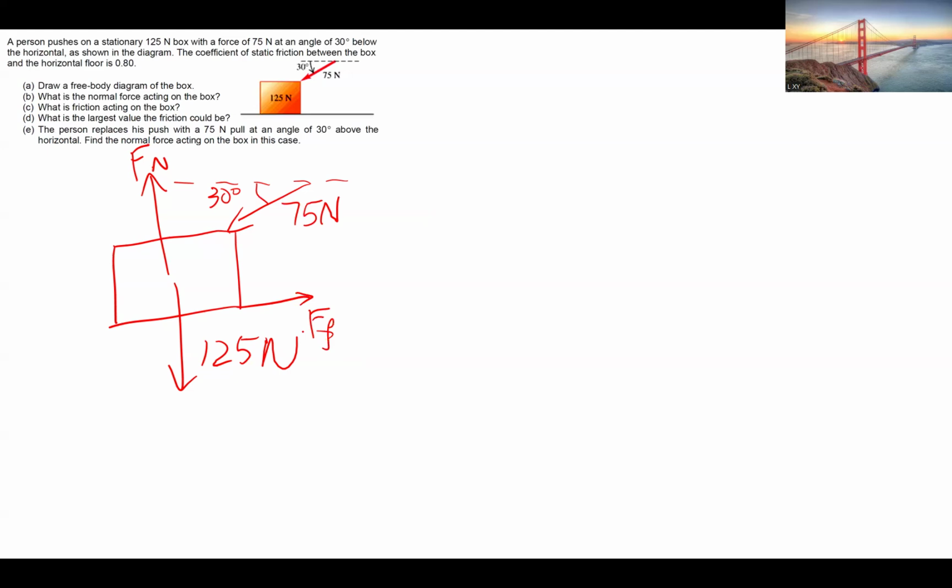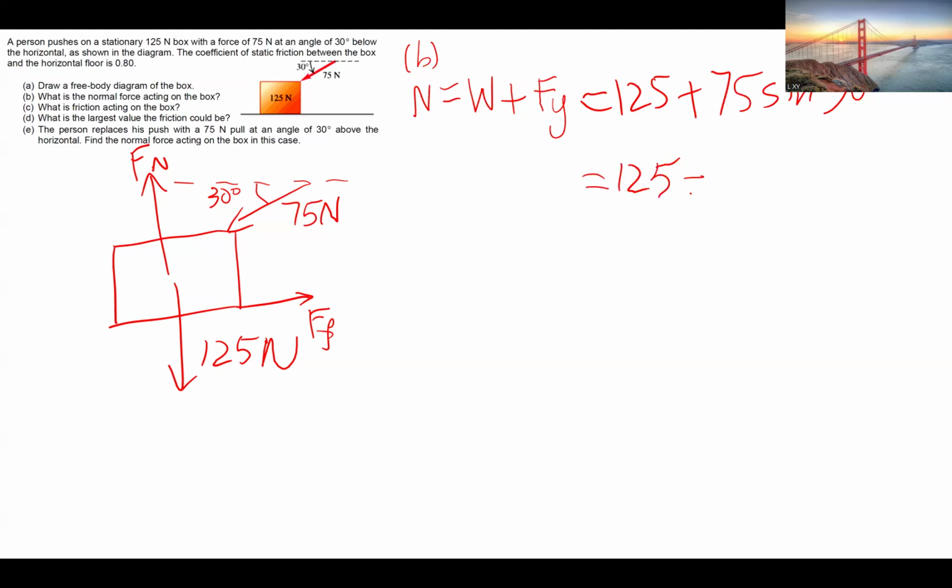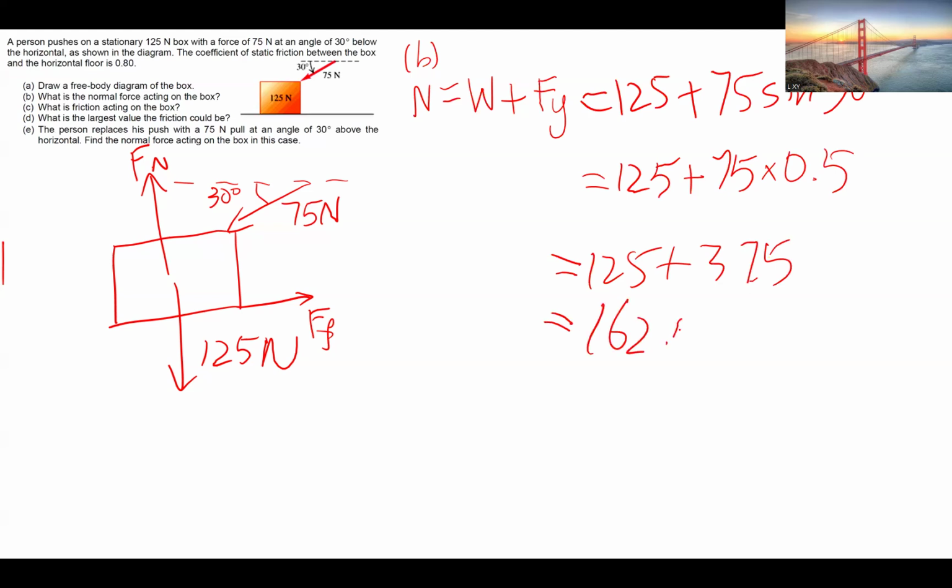Now we find the normal force. The normal force is equal to the weight plus the vertical component of the force, which gives us 125 plus 75 sine 30 degrees, which equals 125 plus 75 times 0.5, 125 plus 37.5, which gives us 162.5 Newton.